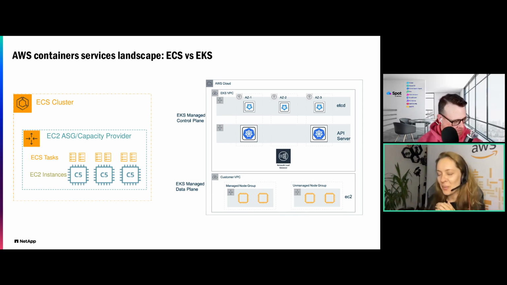I know people probably heard jokes about the many ways of running containers on AWS. We've heard those jokes, but here I want to focus on the 2 biggest services that we have in the AWS portfolio around containers, which is ECS, Elastic Container Service, and EKS, Kubernetes.